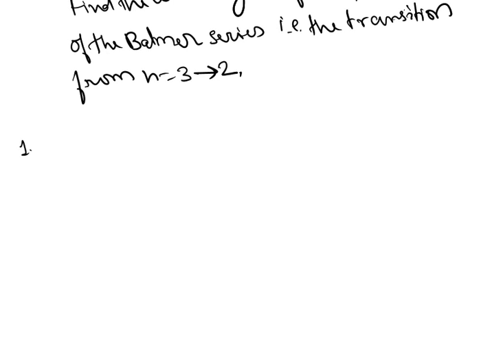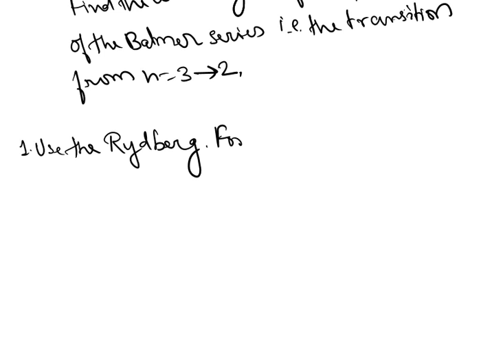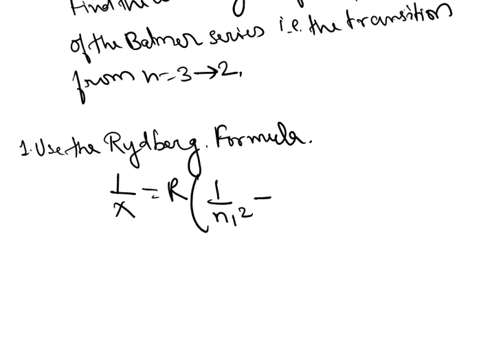So first use the Rydberg formula: 1 by lambda equals R times (1 by n1 square minus 1 by n2 square).